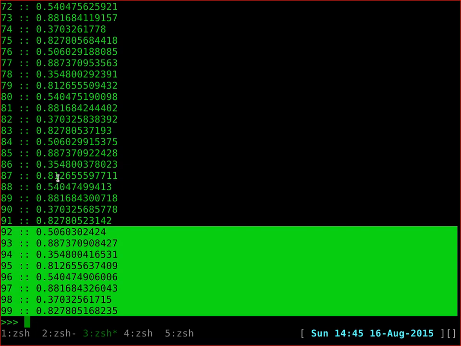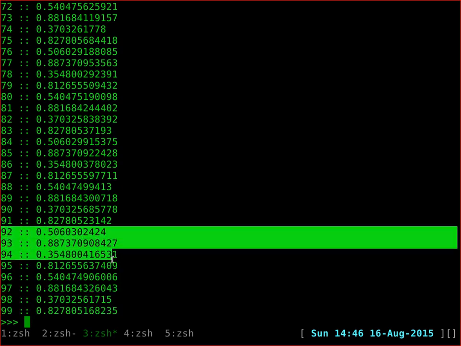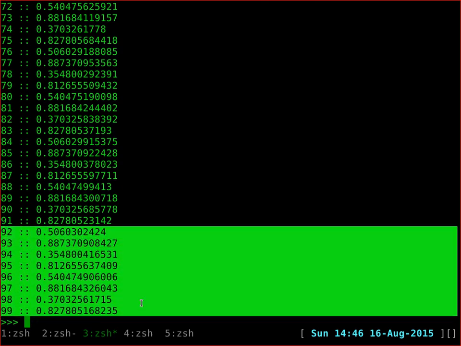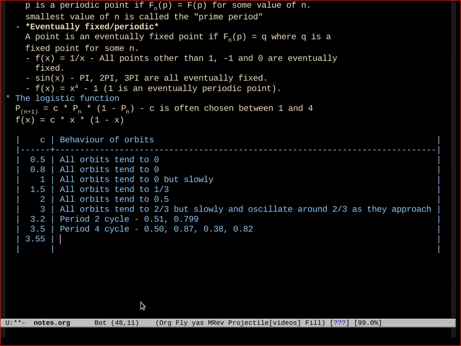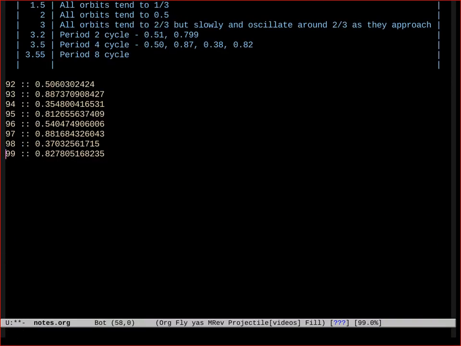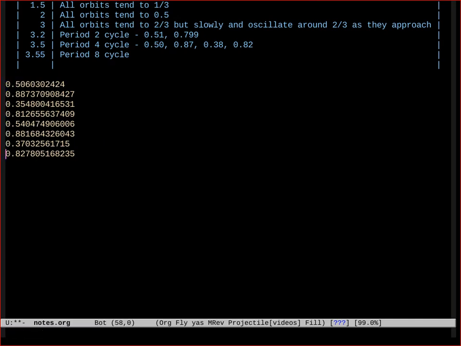You can see after this we get back to the 0.827. Right. So this is actually 1, 2, 3, 4, 5, 6, 7, 8 period cycle. So we can write this down. So period 8 cycle. Okay.